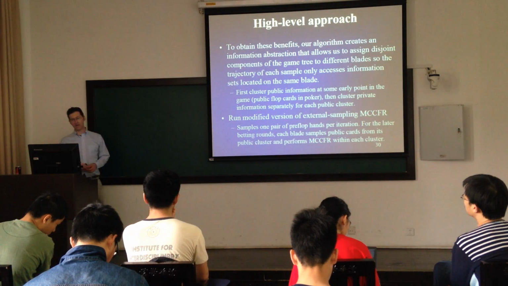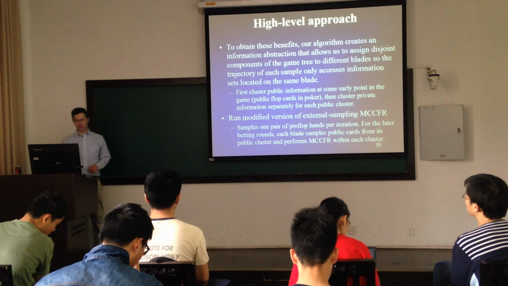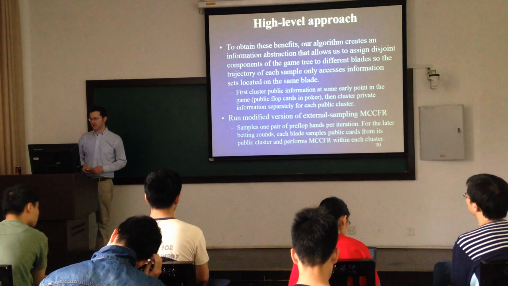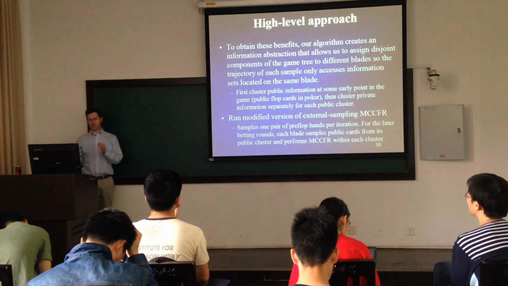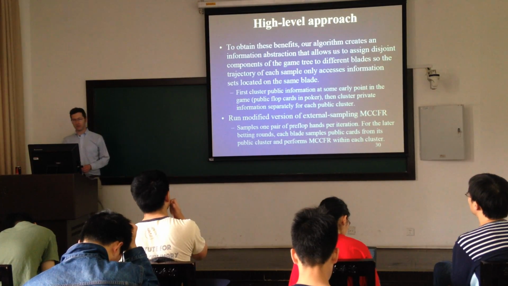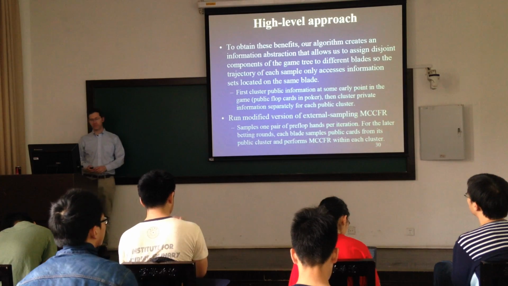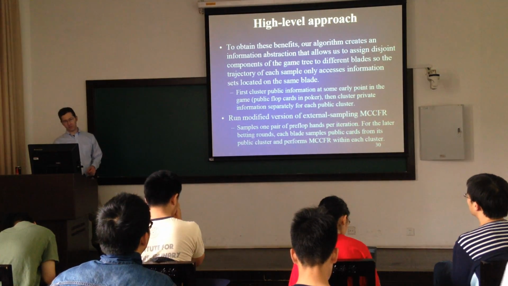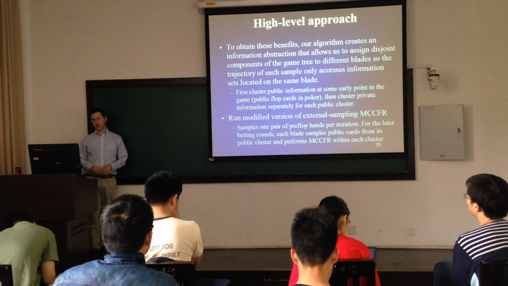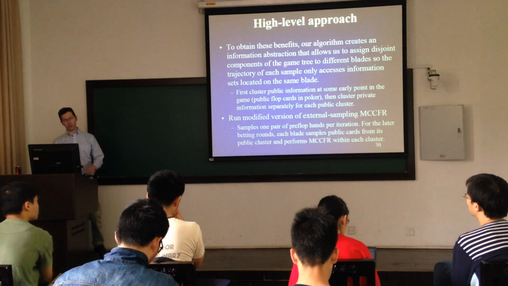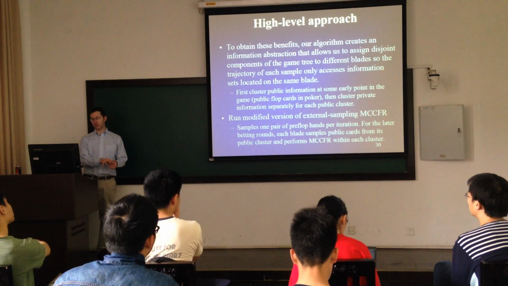And so the high-level approach is that we're going to create an information abstraction that allows us to assign disjoint components of the tree to different blades, so that the trajectory of a sample only accesses information sets in the same blade. We accomplish this by first clustering the public information at some early point. So in poker, we cluster the public flop cards.